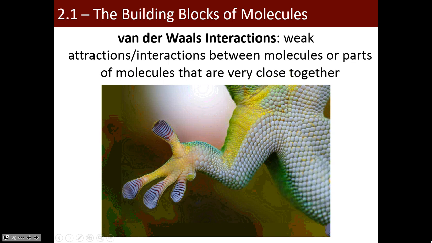They use that little bit of partial charge to adhere to the partial charge of the surface, and then they can climb straight up a wall. If you've ever watched a gecko climb, they're very fast and efficient, and they're never worried about falling off. They're held onto that wall not by any kind of suction, but by small partial charges in the pads of their toes. And that's a van der Waals interaction.